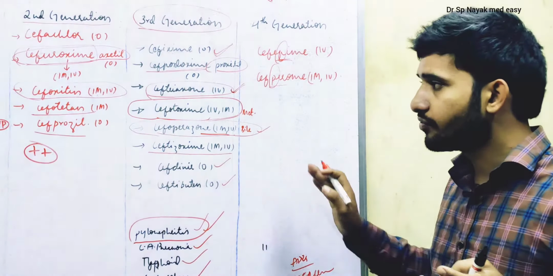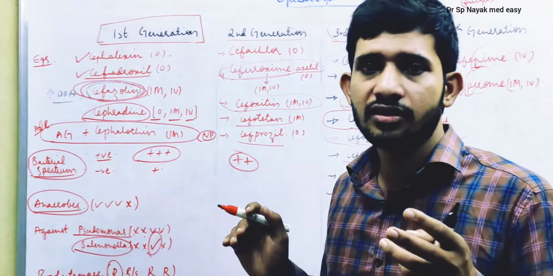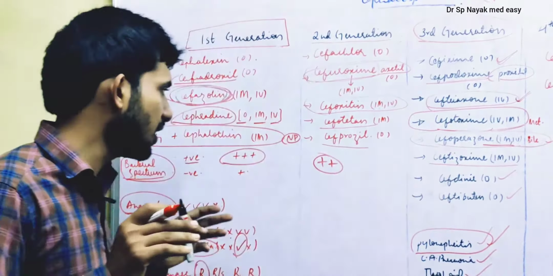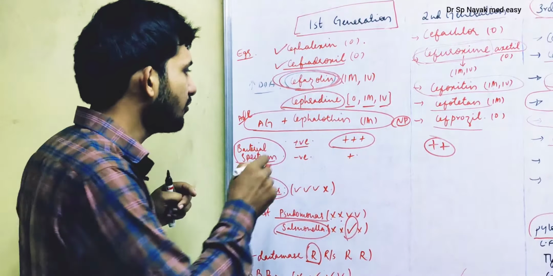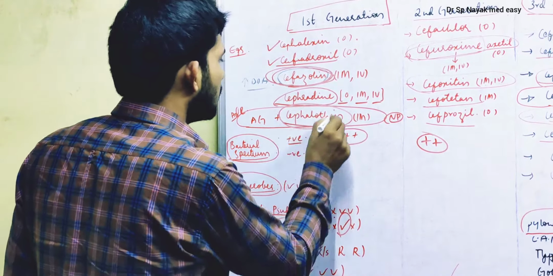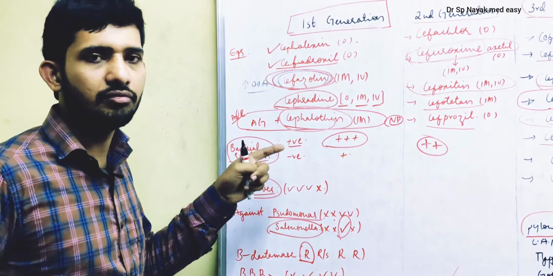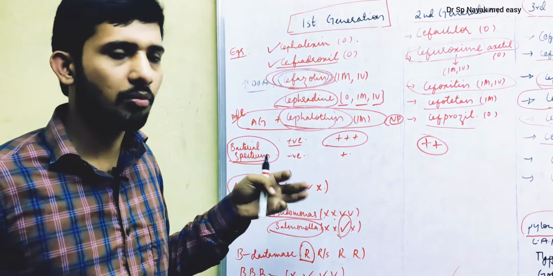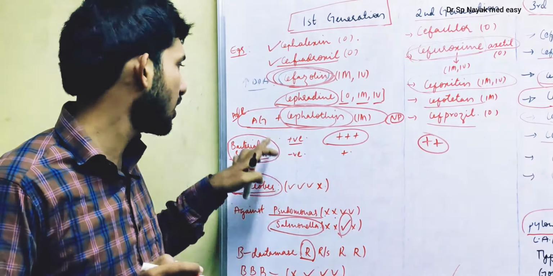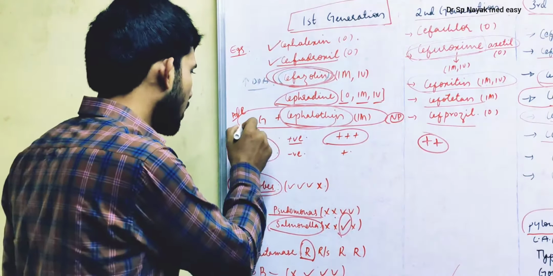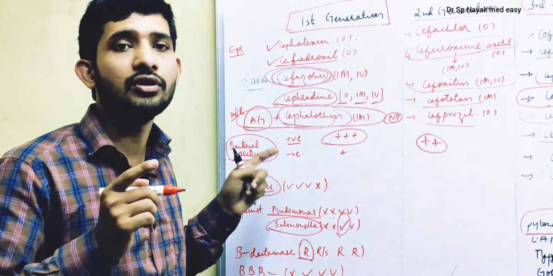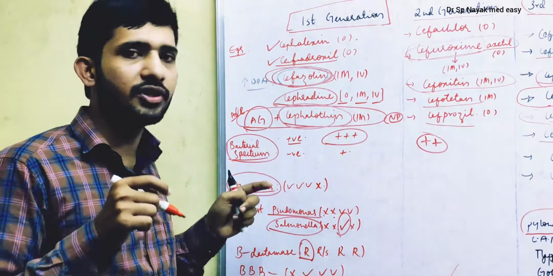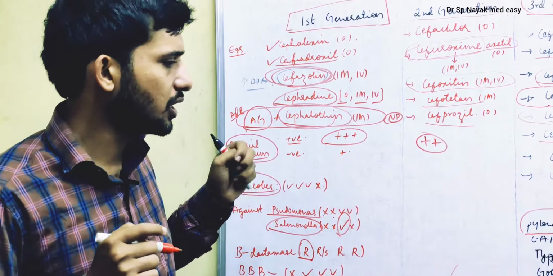And as we discussed, some of the drugs in the cephalosporins will act as nephrotoxic. They have nephrotoxic property, and among them we have cephalothin. Cephalothin is one of the drugs which has high nephrotoxic property, and it should be strictly contraindicated with aminoglycosides, where aminoglycosides are very nephrotoxic drugs. And if you want to learn about aminoglycosides, please watch in my channel. You will find about aminoglycosides also.